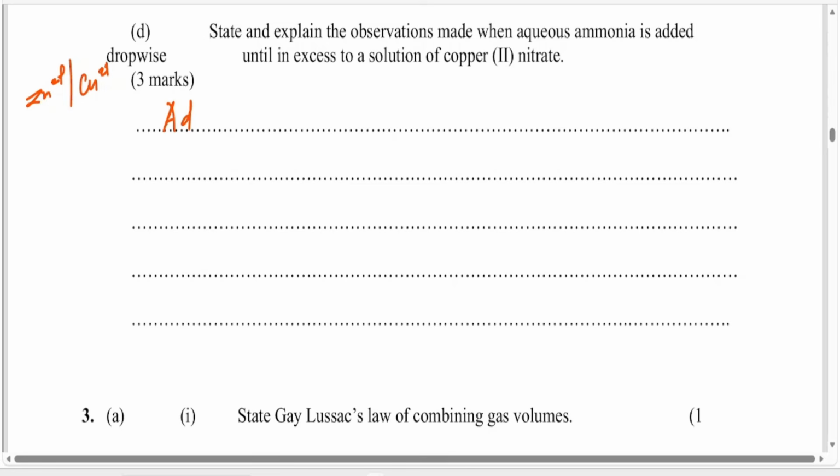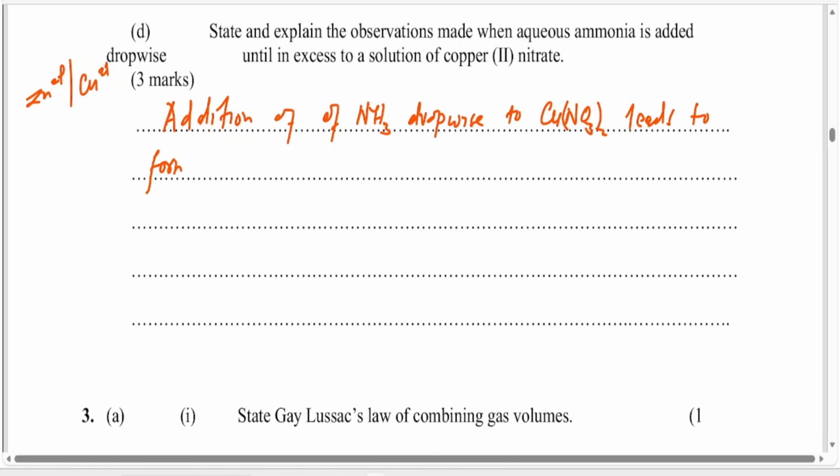Addition of ammonia solution dropwise to copper 2 nitrate leads to formation of a blue precipitate.